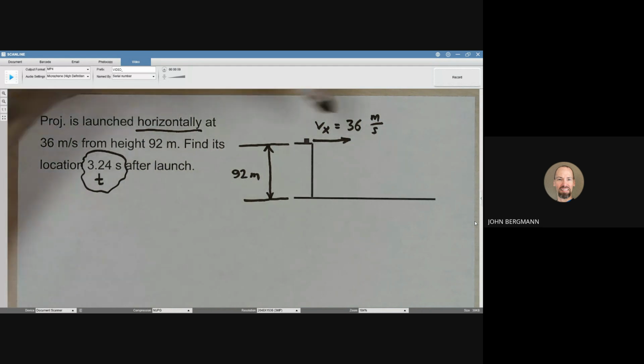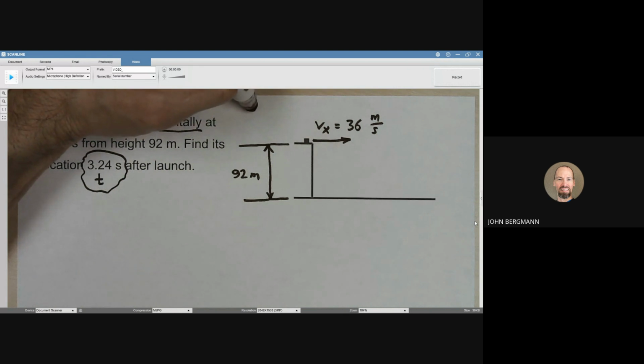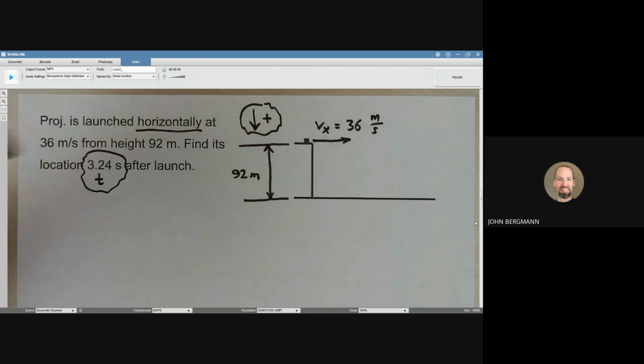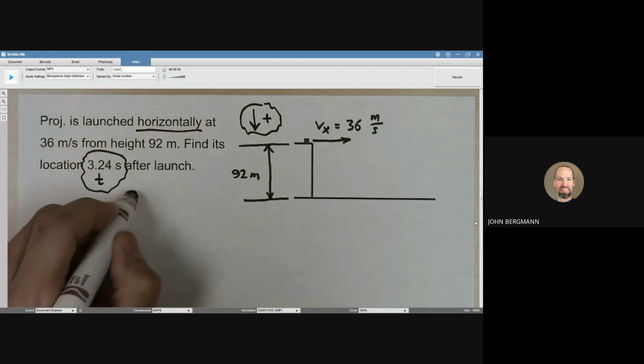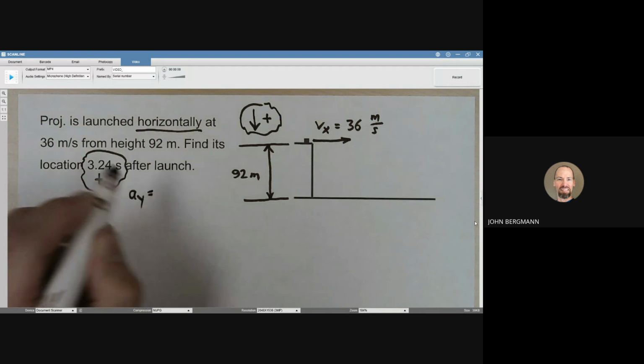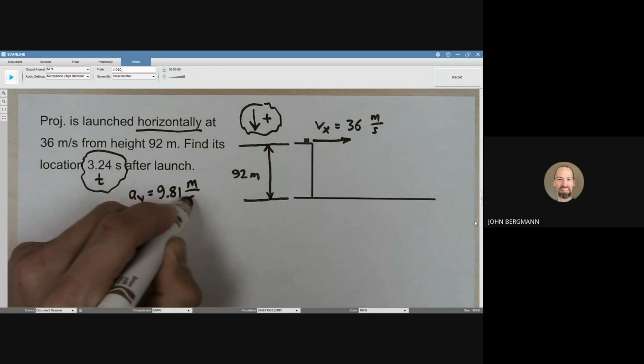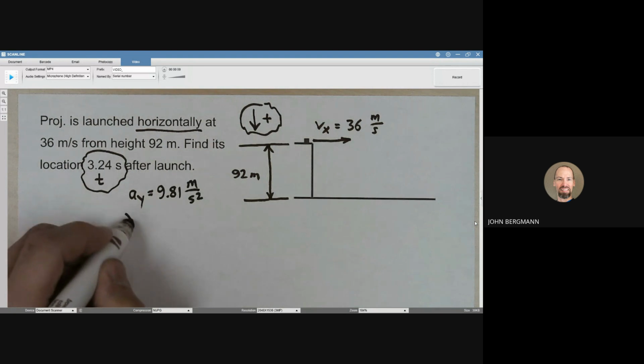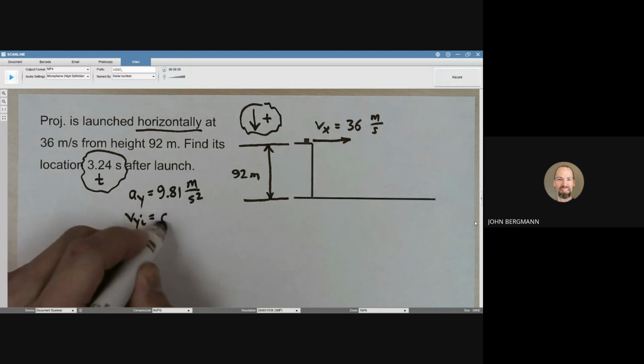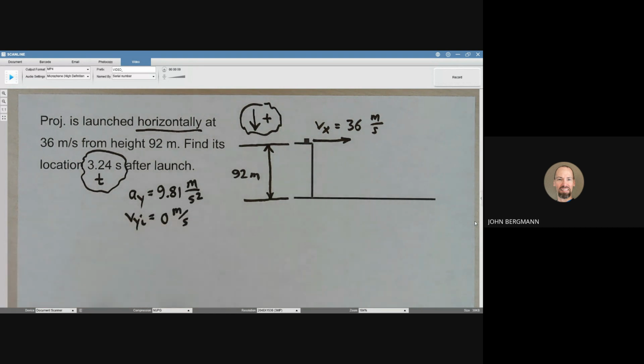And because this is launched horizontally and any vertical motion will be in the downward direction, I'm going to simplify things a little bit. I'm going to say that downward is positive. If downward is positive, what does that mean? It means that Ay, which points downward, is going to be positive 9.81 meters per second squared. Vy initial is 0 because this is a horizontally launched projectile. So in the up and down direction, initially it has no velocity.